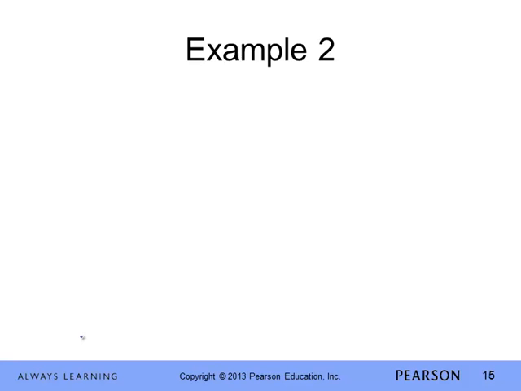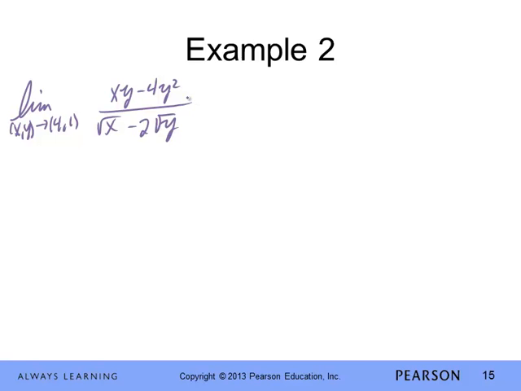All right, let's do another example here. This time we're going to take the limit as x comma y approaches 4 comma 1 of the function xy minus 4y squared over square root of x minus 2 times the square root of y.